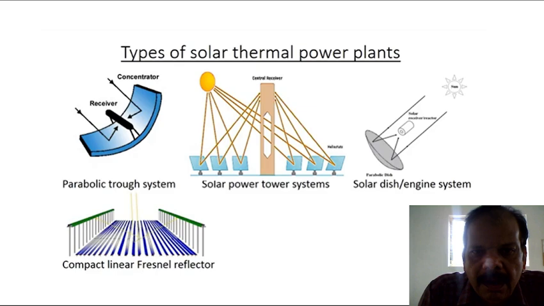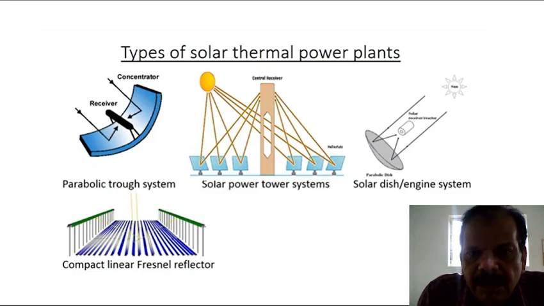In other systems, like the solar power tower systems, a tower will be used for storing the fluid at the top of the tower, where the fluid will get heated by reflecting the sun's rays using many flat plate collectors.